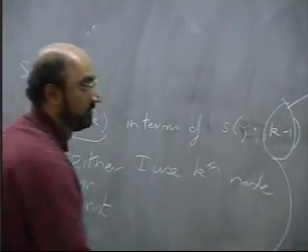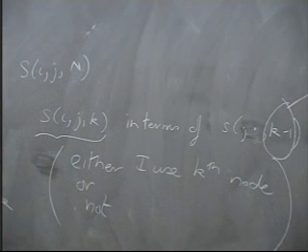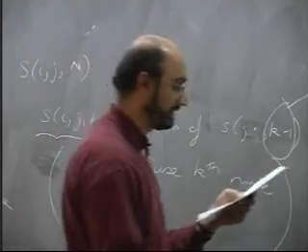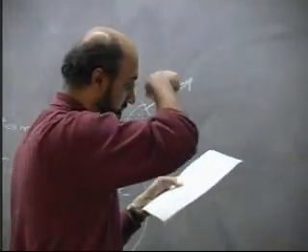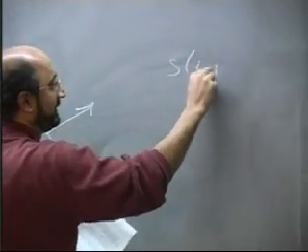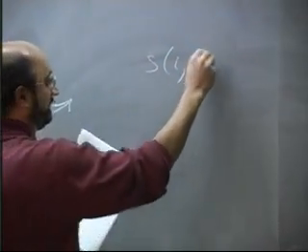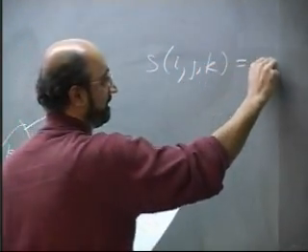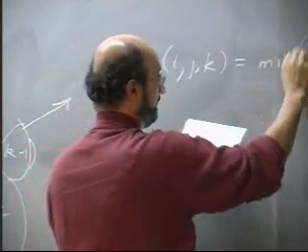That's got to be true. If I am using the kth node, what does S_ijk look like? We can write down this recursion and explain it after. Let me just write it down first. S_ijk equals min of.